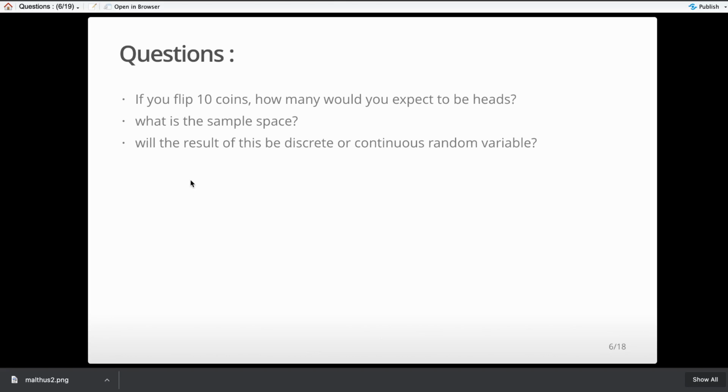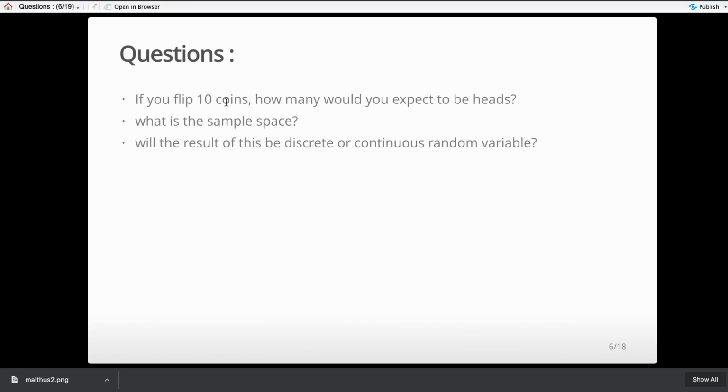So if in between 4 and 5 there's a 4.5, then that would be continuous. But when we're counting how many heads we got out of 10, well, that's 1, 2, 3, 4, 5, 6, 7, 8, 9, 10 as the sample space. There's no 4.5, right? There's nothing between 4 and 5. So this is a discrete random variable. It is not a continuous random variable.